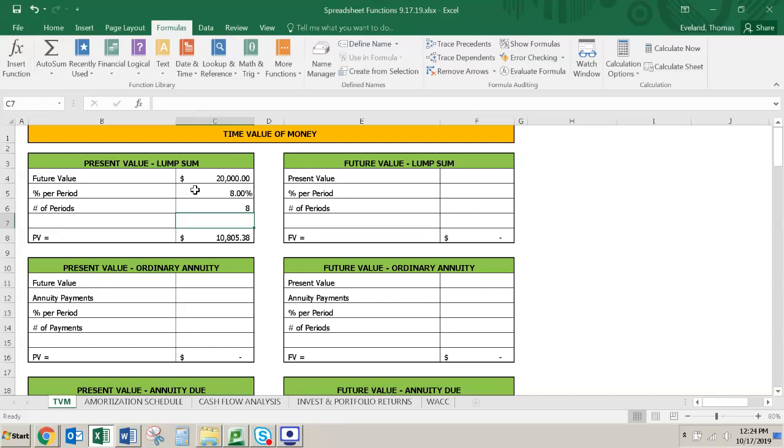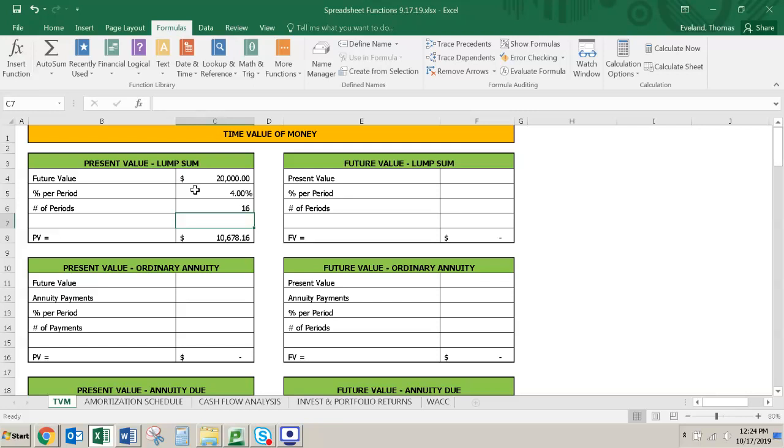Let's assume we could get this same type savings account or investment for semi-annual compounding. In that case, we would actually have 4% per compounding period for 16 periods. Still 8 years, but it's going to compound 16 times at 4% versus 8 times at 8%.